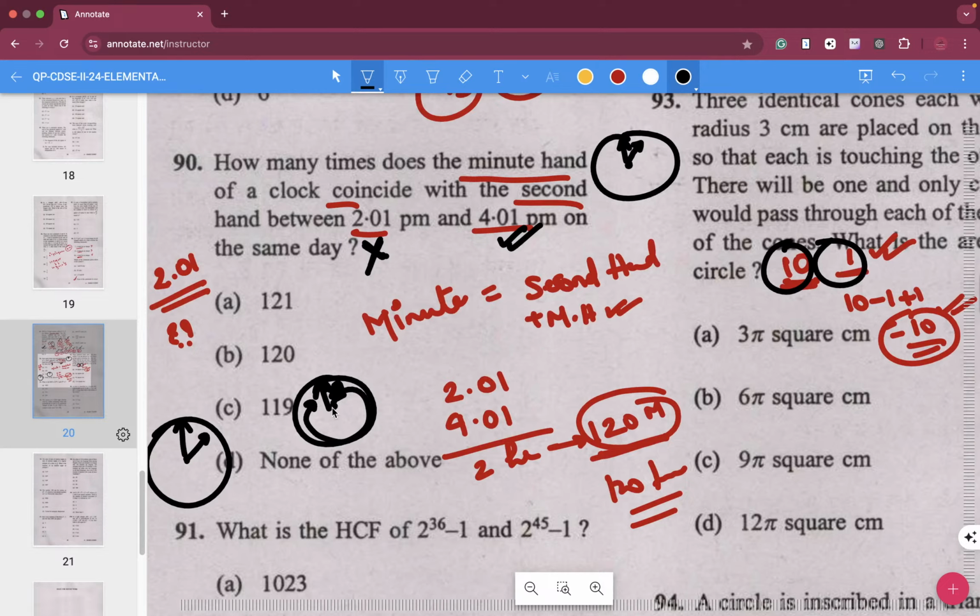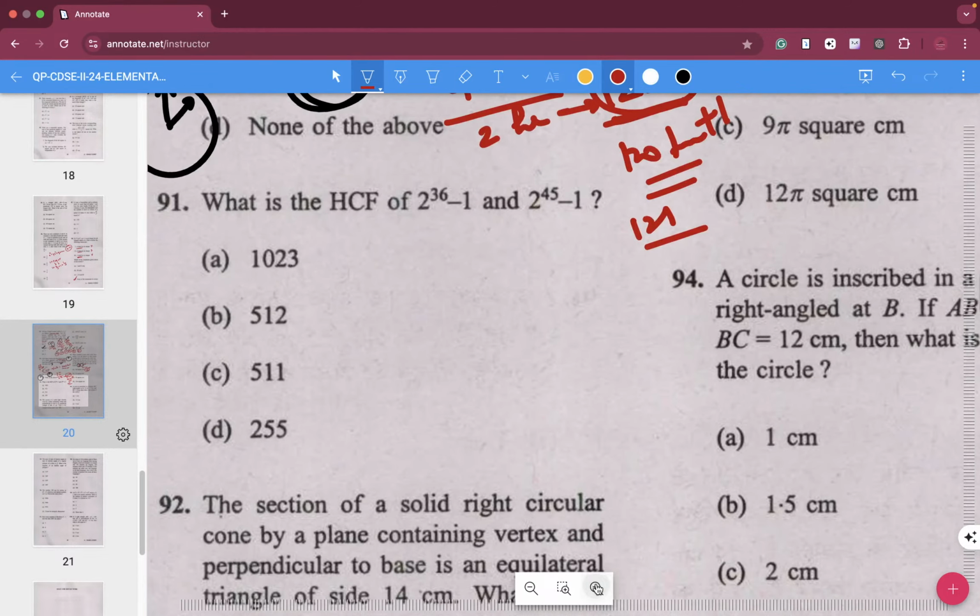That is why one more will be added, and the answer will be 121, folks, and not 120. If you take 120, it will be an error.